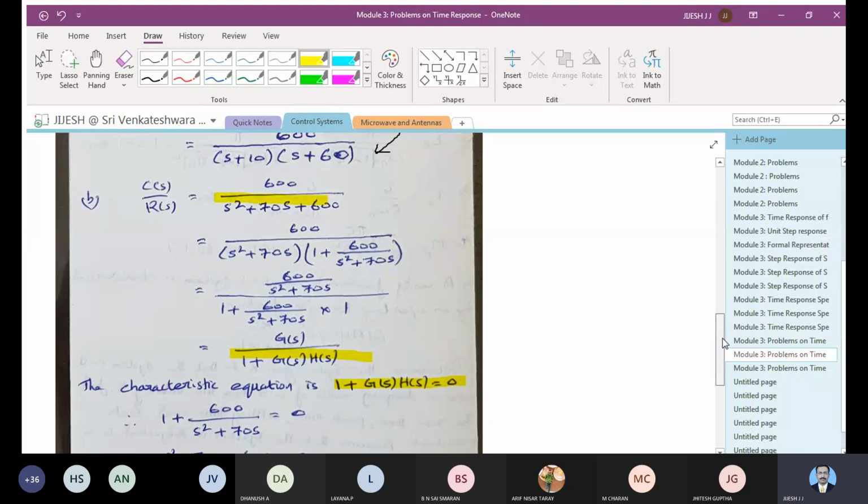So as I have told you before, you can just substitute G of s. So what is G of s here? This is G of s. This will be your G of s, and then you can use this equation. You can substitute here, and you can get this one.